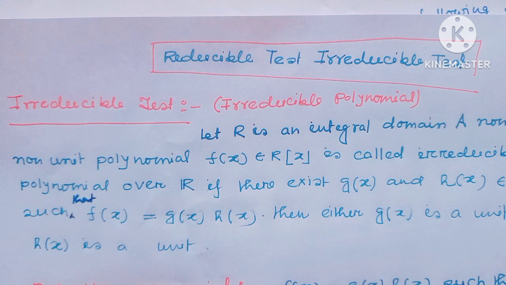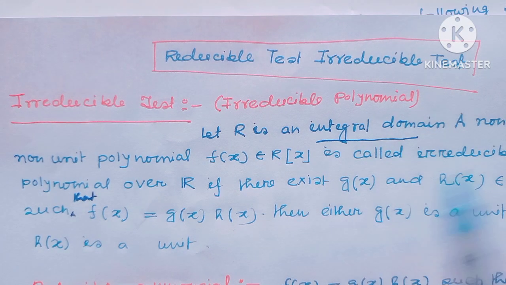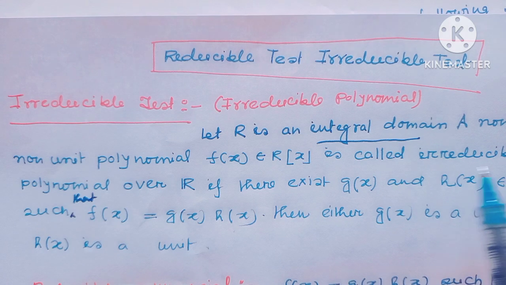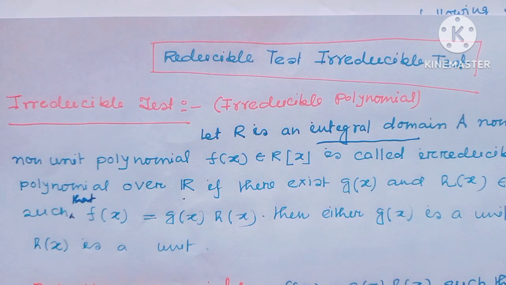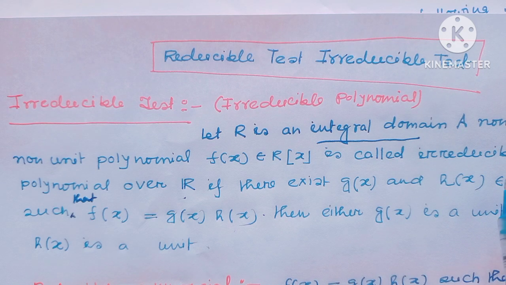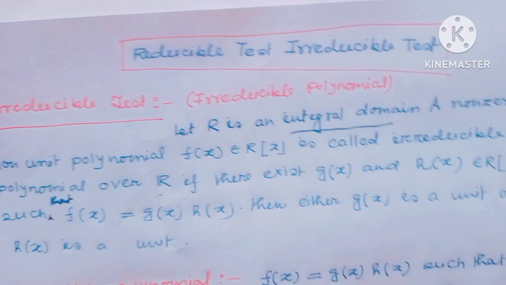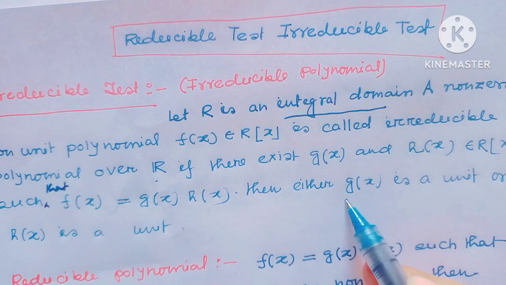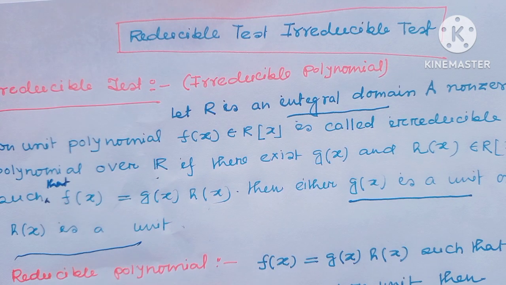Let R be an integral domain. A non-zero non-unit polynomial f(x) is called an irreducible polynomial over R if, whenever there exist g(x) and h(x) in R[x] such that f(x) can be written as g(x) times h(x), then either g(x) is a unit or h(x) is a unit.